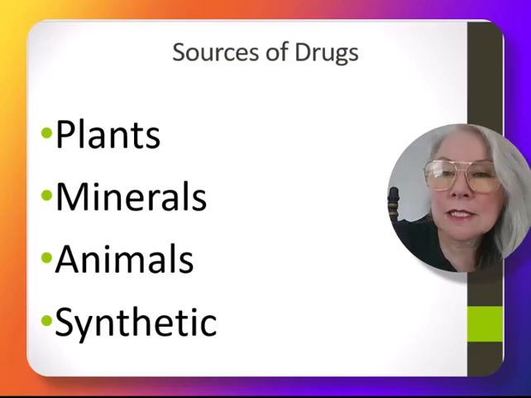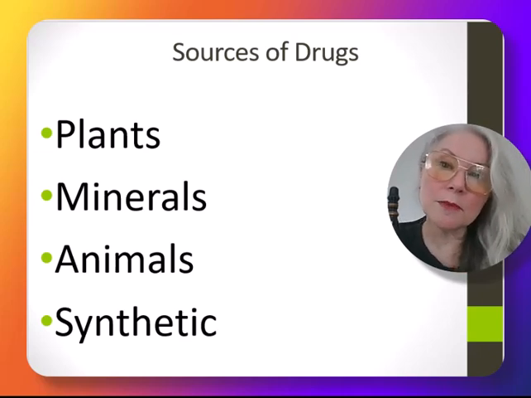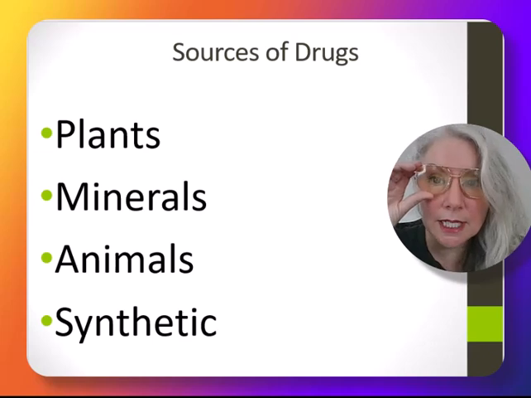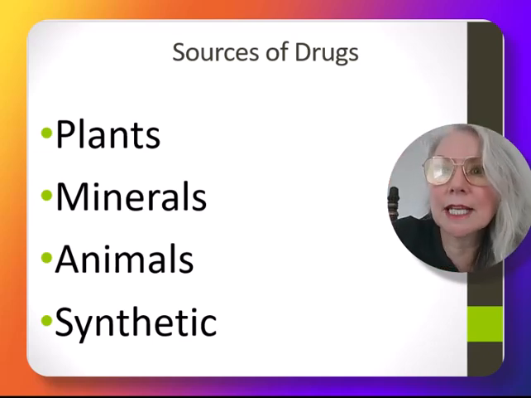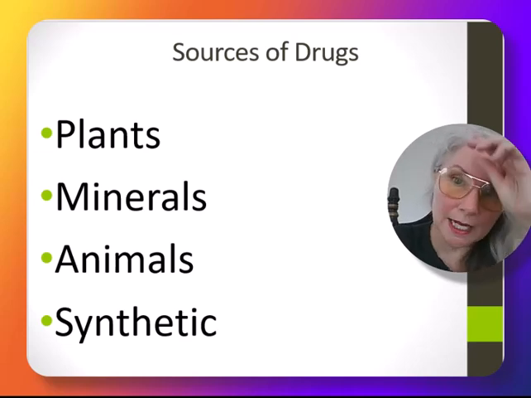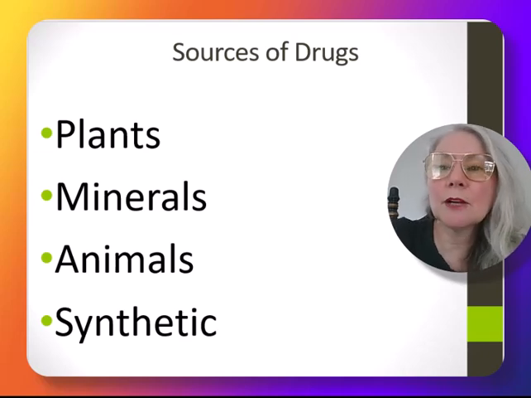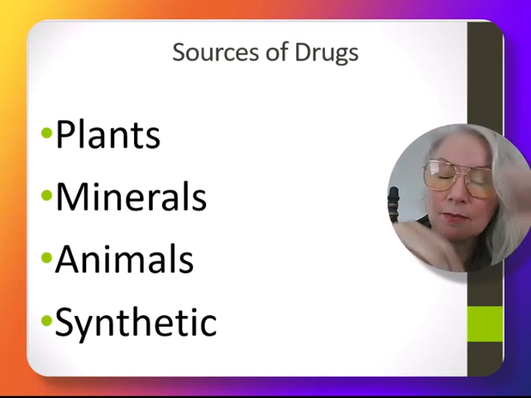We can get drugs from multiple different sources. Plants, so the poppy plant is where opium is derived and where heroin is formed, or created from the poppy plant itself. So that is actually plant derived. Things that are minerals would be something like Rolaids, things that you take for a stomach upset, which is usually made of magnesium, so that's a mineral.